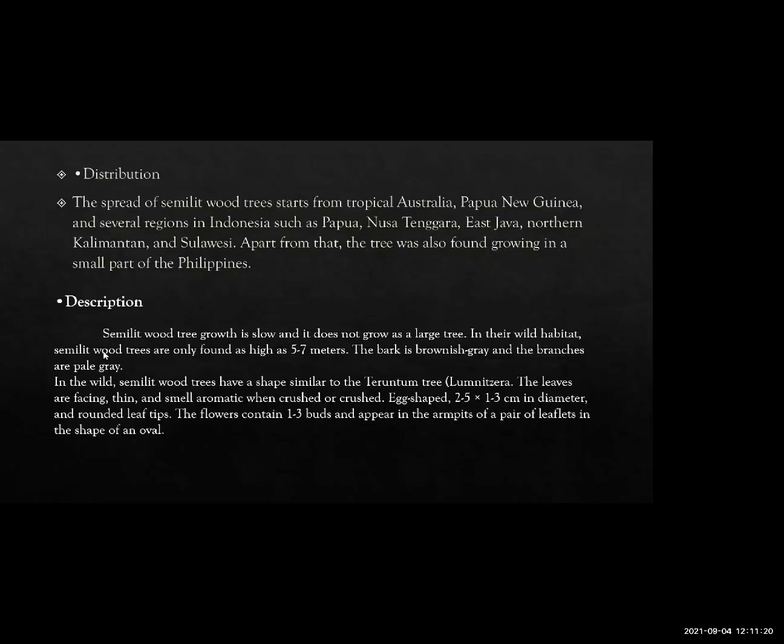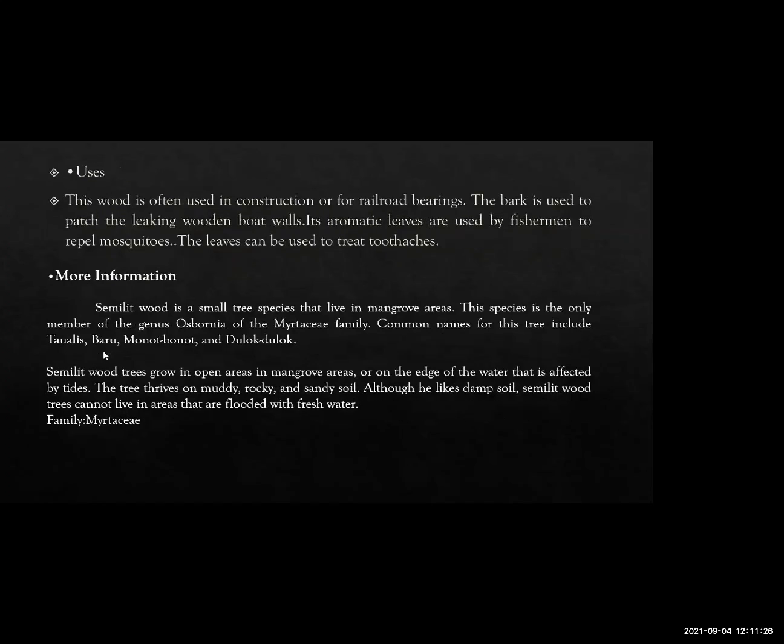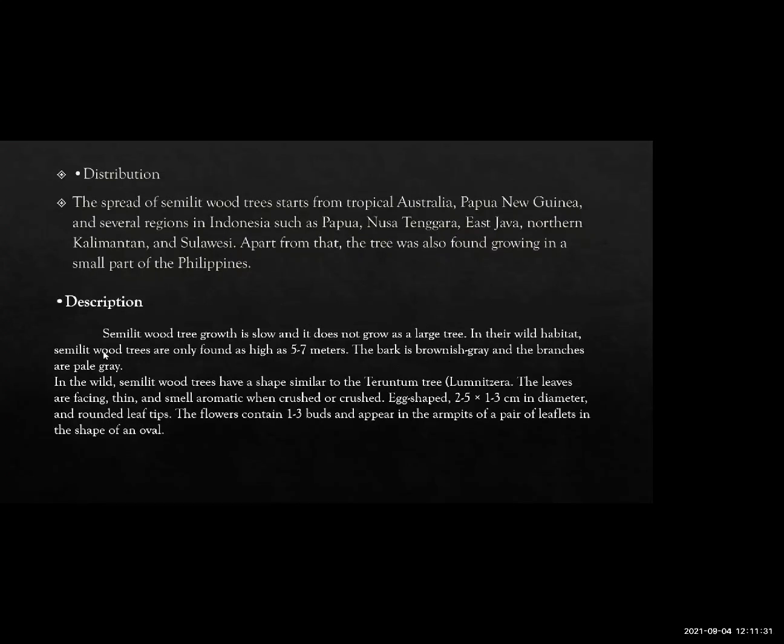The leaves are thin and smell aromatic when crushed. Egg shape, 2 to 5 times 1 to 3 centimeters in diameter, and rounded leaf tips. The flower contains 1 to 3 buds and appears in the armpits of the pair of the leaflets in the shape of an oval.